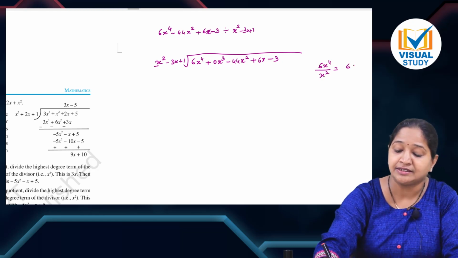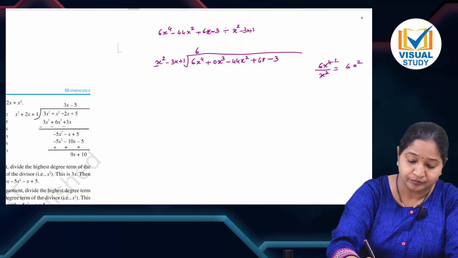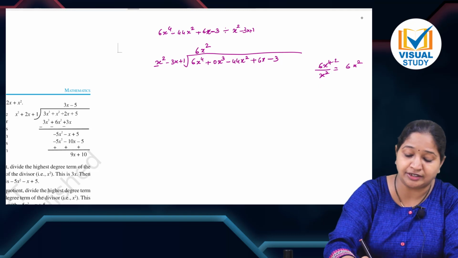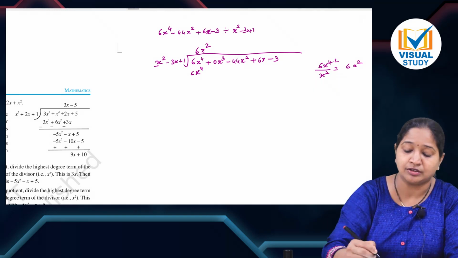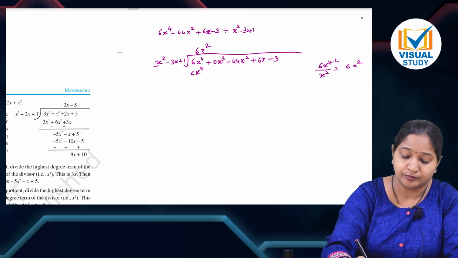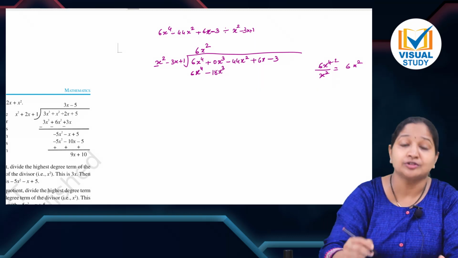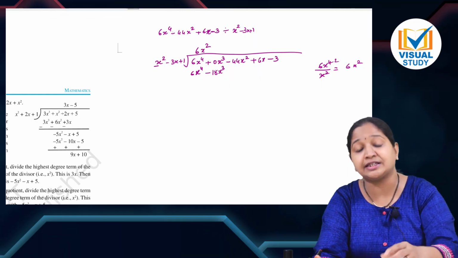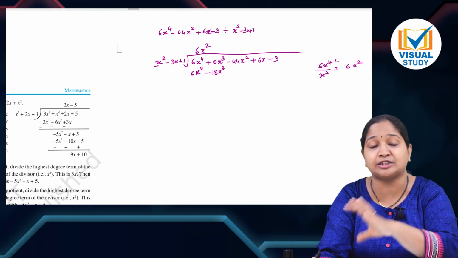What you get is 6x square. So 6x square into x square, you get 6x raised to 4. 6x square into minus 3x, you get minus 18x cube.